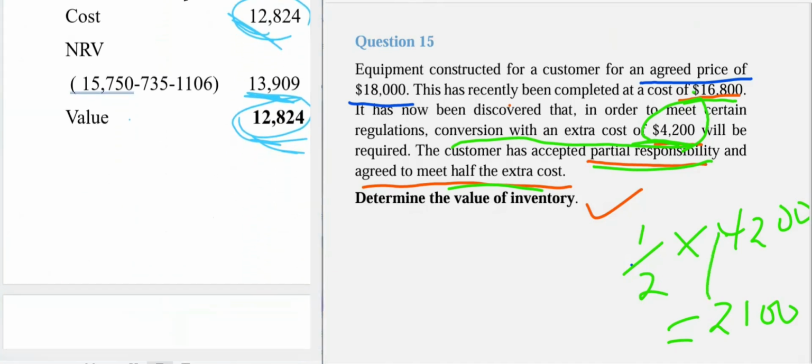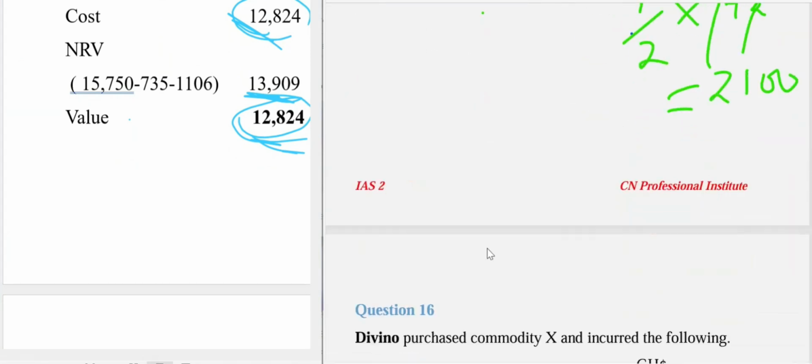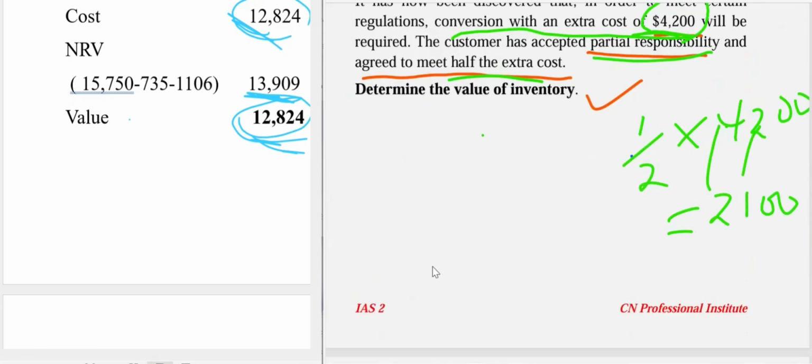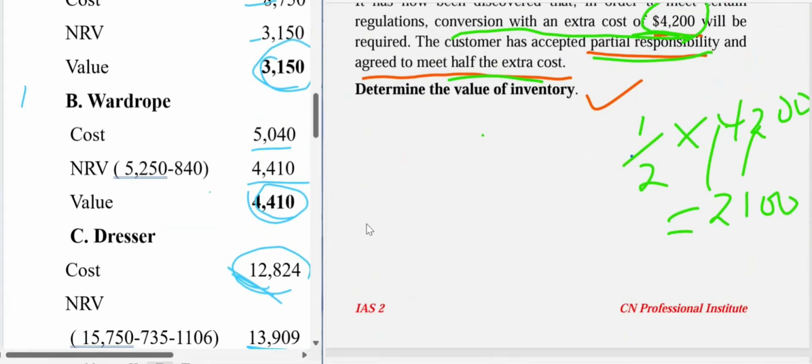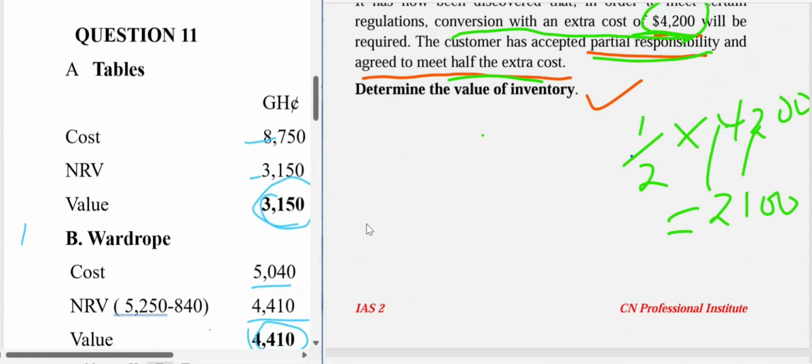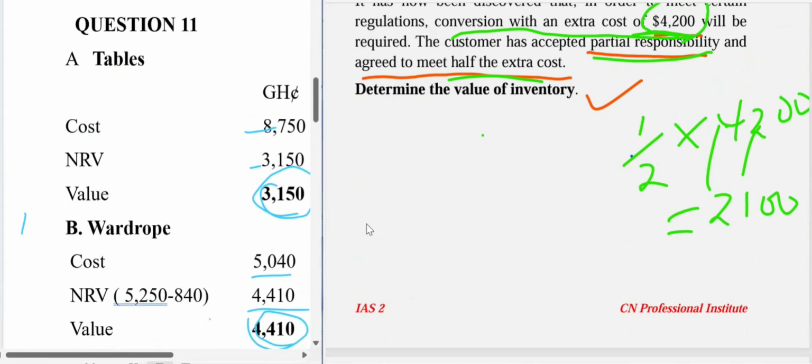Let's see if we can add another question. Let's solve another question. Let's look at question 19. Okay, what we saw right now was question 11. Okay, yeah, so let's look at question 15.